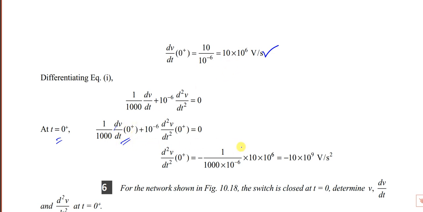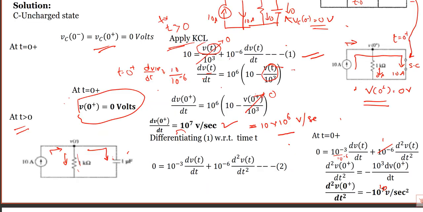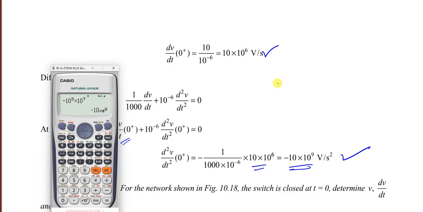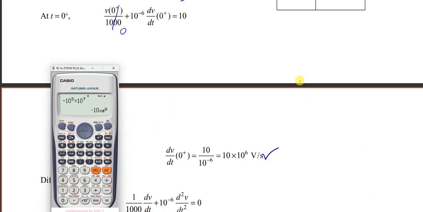If you substitute and calculate, we get minus 10 into 10 power 9. This answer is correct. So by mistake here it was given as 10 power 7. It is wrong. It is minus 10 into 10 power 9. We got the same answer in the calculator also, so this answer is correct.